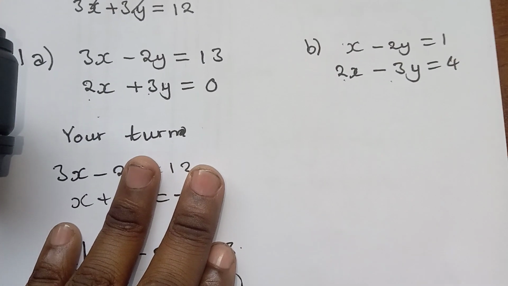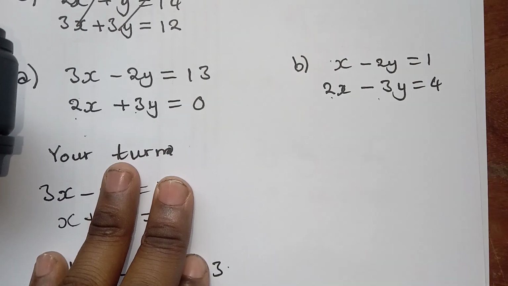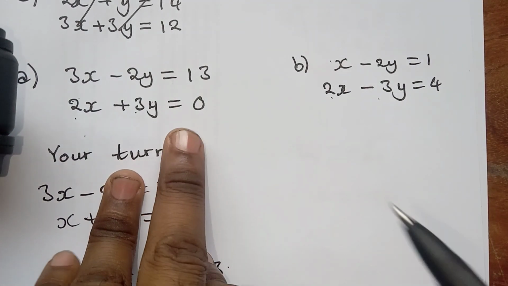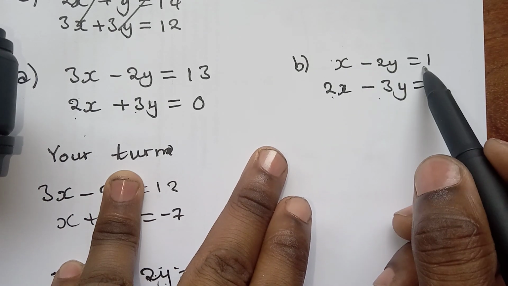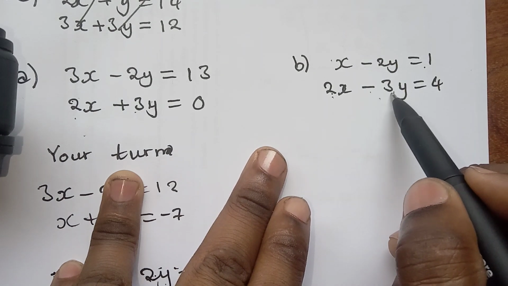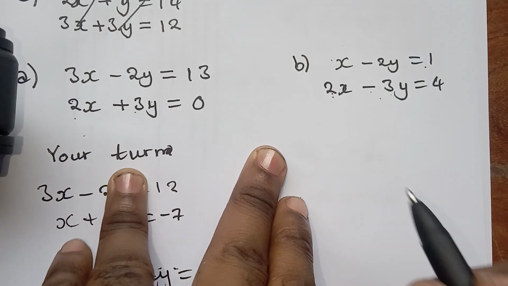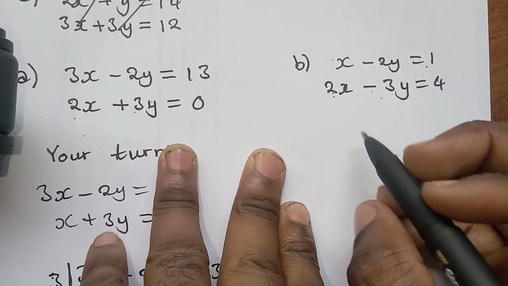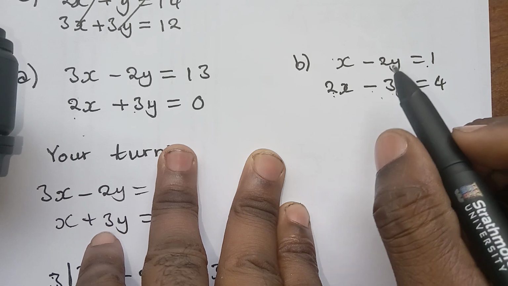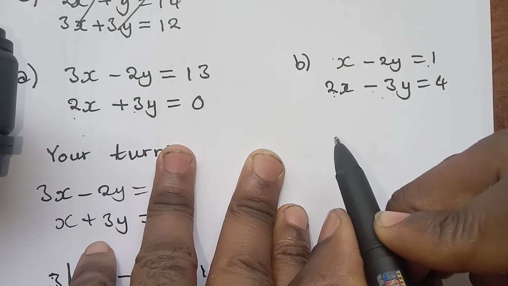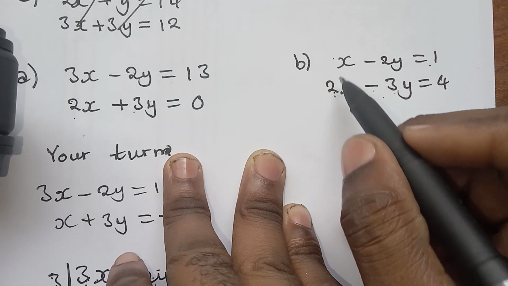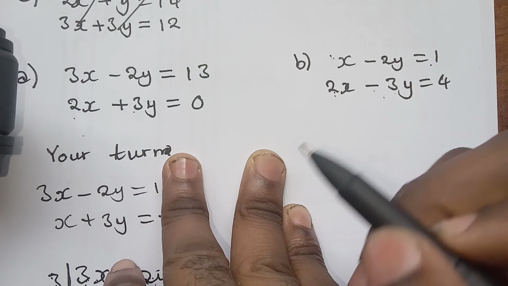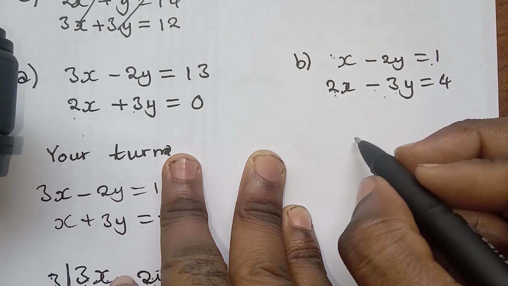Okay, lastly, we have this one here. x minus 2y is equal to 1, then 2x minus 3y is equal to 2. So in this case, let's say you want to eliminate your x. I think x is much easier to eliminate here because the coefficient of x is a 1.